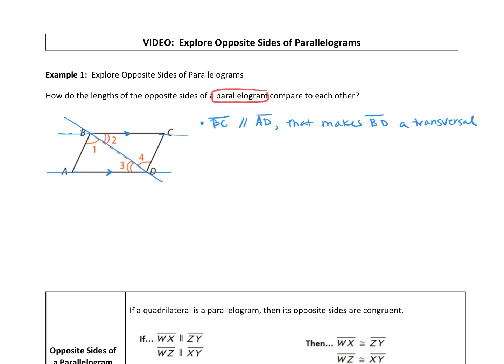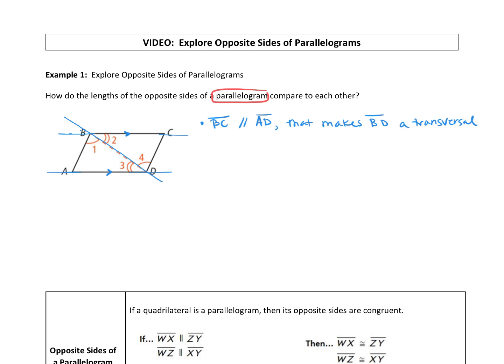Do you guys remember back in Geometry A when we had parallel lines cut by a transversal? If I take a look at the parallel lines cut by the transversal, which angles are formed by the parallel line and the transversal? Here's a parallel line, here's the transversal that's forming angle 2. Here's the other parallel line with that same transversal, that's angle 3.